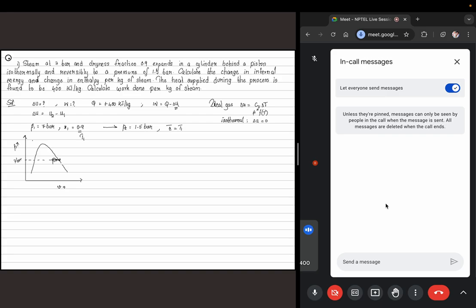How will I calculate T1? T1 is basically the saturated temperature at 7 bar pressure. For that, I can look up the steam tables.